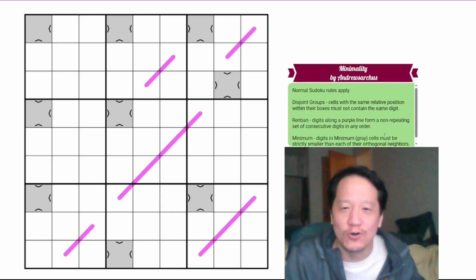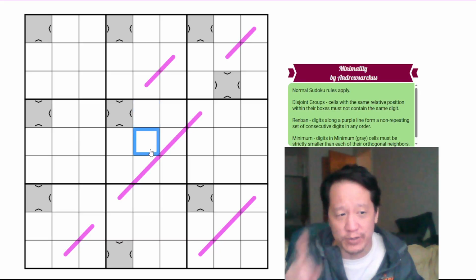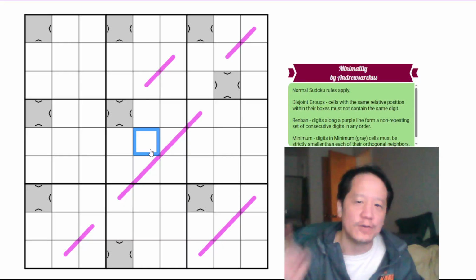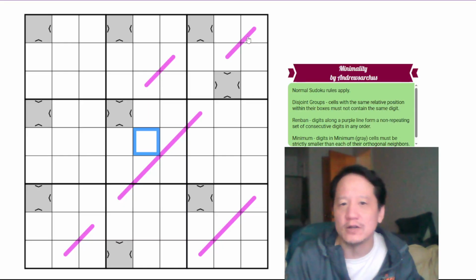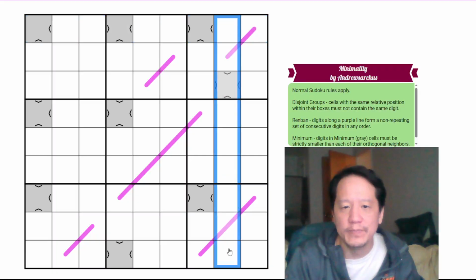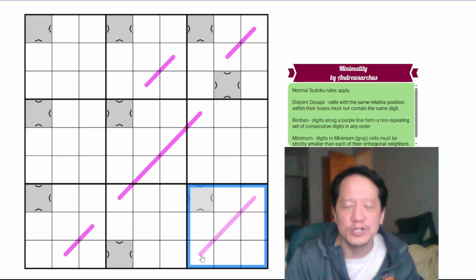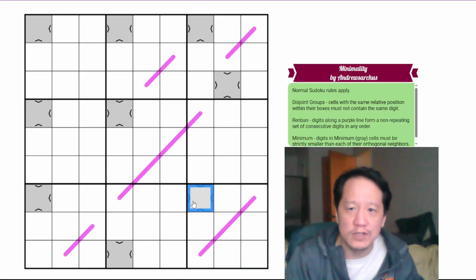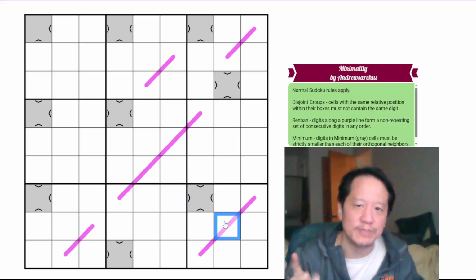We have normal Sudoku rules, which means in every cell in the grid, place a single digit from 1 through 9, such that there are no repeats in any row, column, or designated 9-cell region. We have disjoint groups, where cells with the same relative position within their box must not contain the same digit.